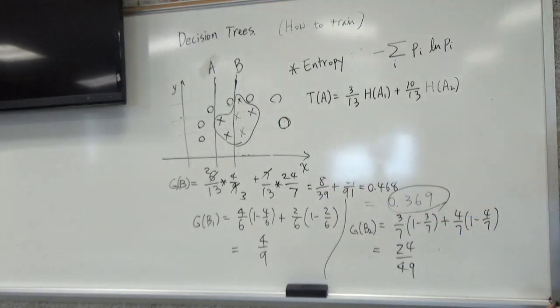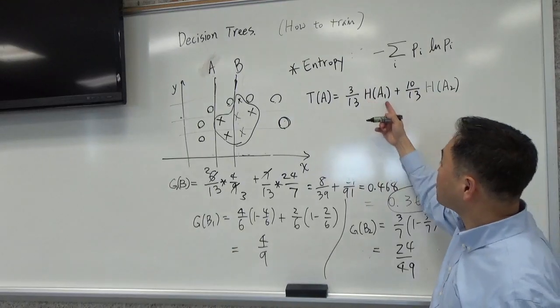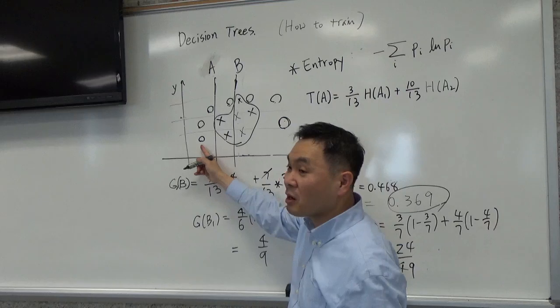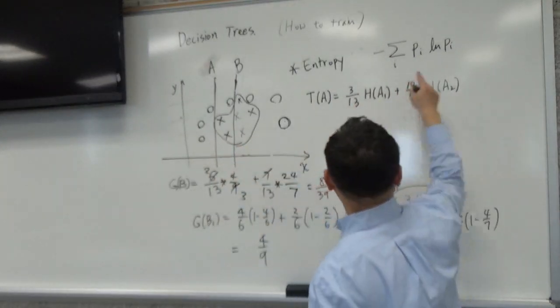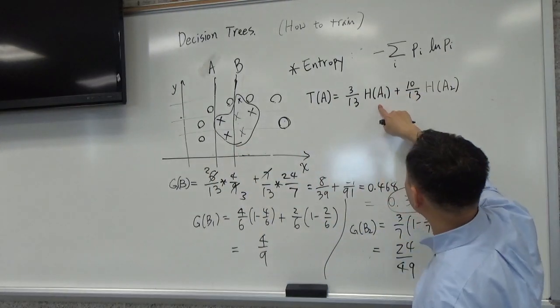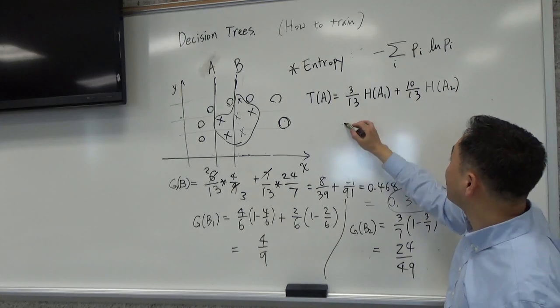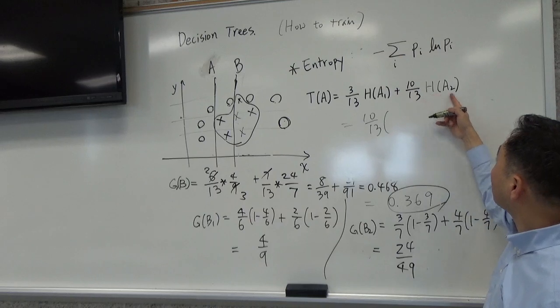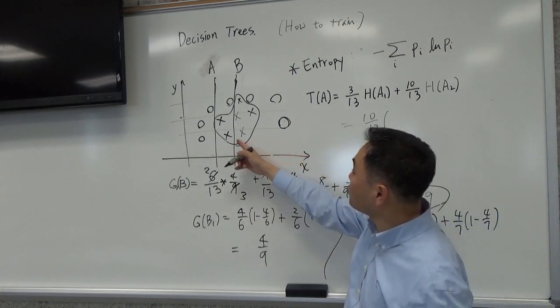Okay? So if I were to use this one, you have one probability which is 1, so ln of 1 is 0, so this will be 0, same story as before. So you just get 10 over 13 of H of A2. In this case, you have two probabilities.